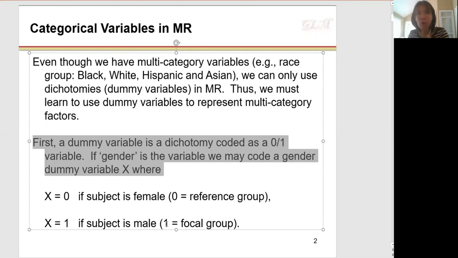So if your focal group is female, you still can code female as 1 and male as 0. If your focal group is male, if your research question is focused on the male, then you code male as 1, female as 0.